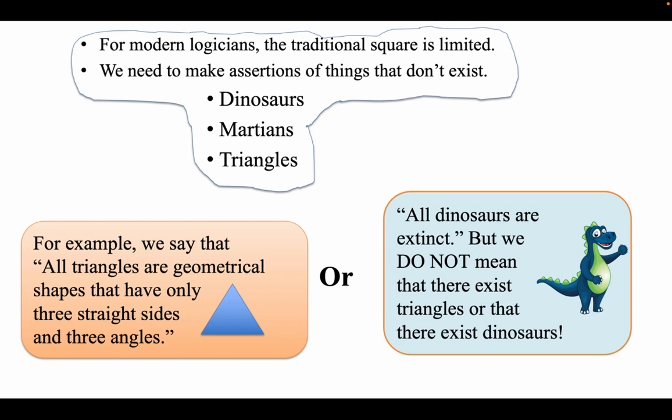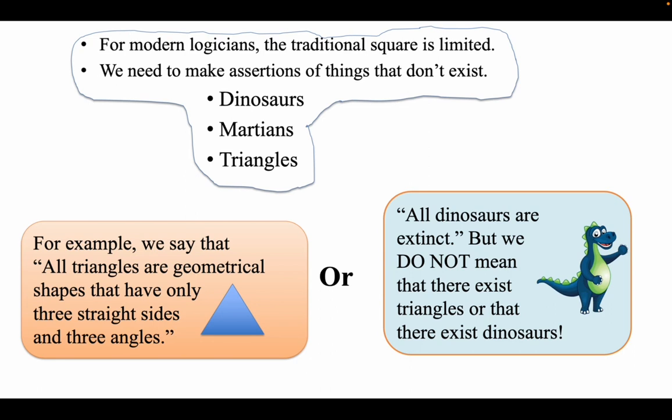So for modern logicians, the traditional square is limited, essentially, because we also need to be able to make some assertions about things that don't exist. For example, when we talk about dinosaurs or Martians or triangles, we don't want to say that these entities really exist in real life and they are related to other categories in certain ways.